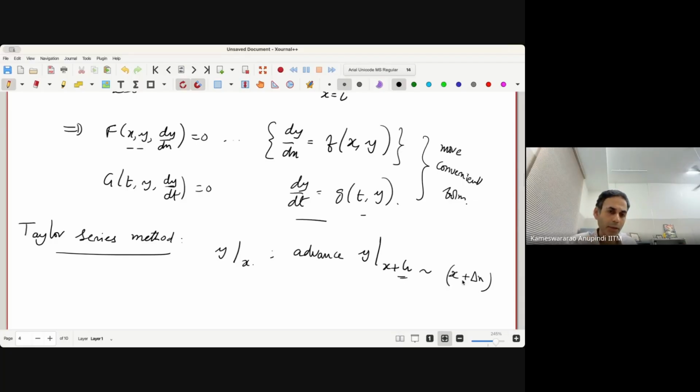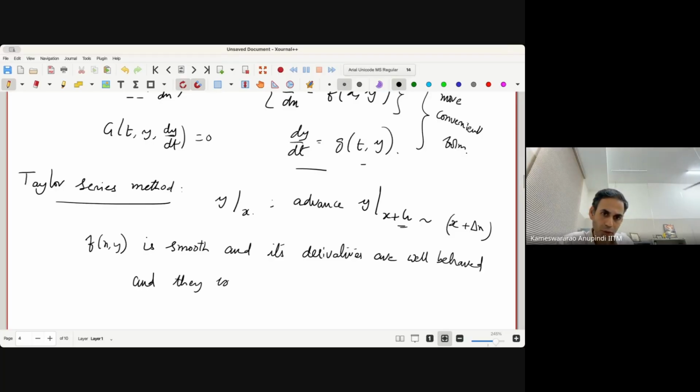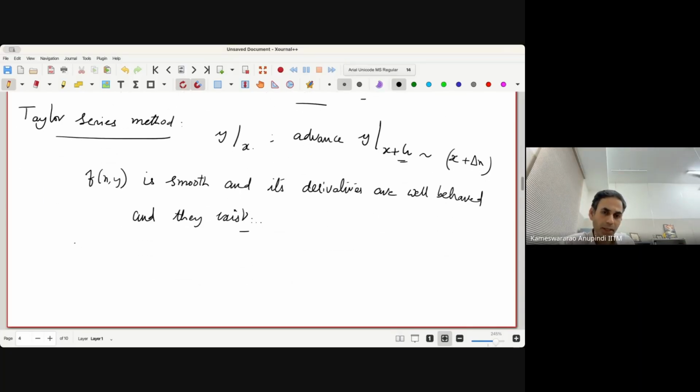As you recall, if we assume that the function f of x y is smooth and its derivatives exist and are well behaved, with that we will be able to apply this Taylor series method, which comes directly from its definition.